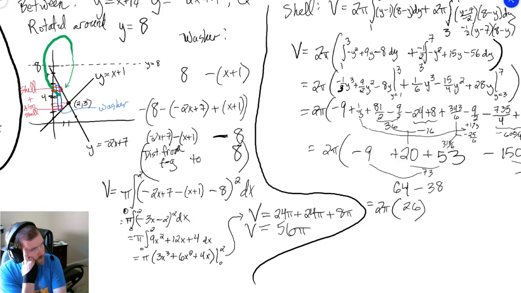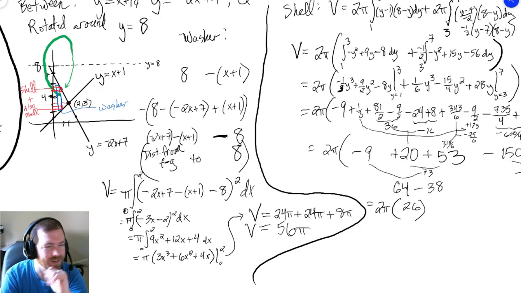Okay, what went wrong? So 8, all of it, minus x plus 1 cuts out the bottom. I'm just going to keep coming back to this.